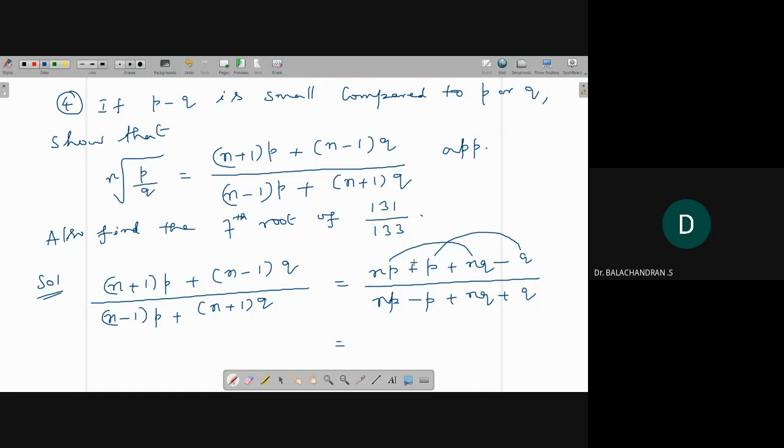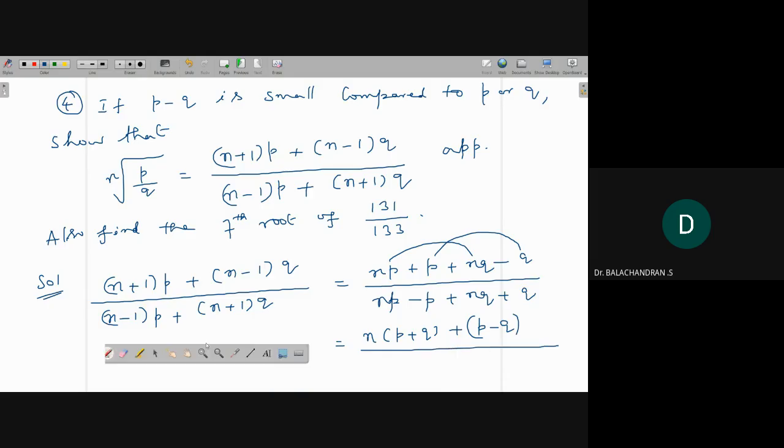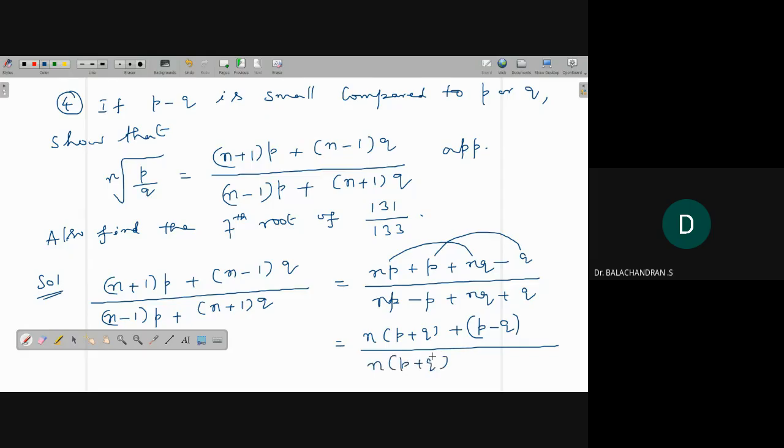So grouping, N is common: n into P plus Q plus P minus Q, divided by, similarly, n into P plus Q, minus of P minus Q.